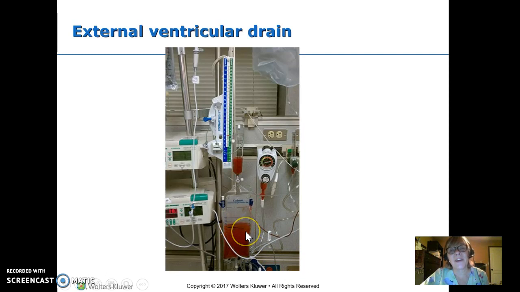CSF should be clear and colorless, right? So this is a problem. I can't see through it, and it's very red. So that's probably why they have the external drain. We don't want to just dump this into the peritoneum because we may cause irritation, and even worse, if we ran that through a VP shunt, it would clog it all up.